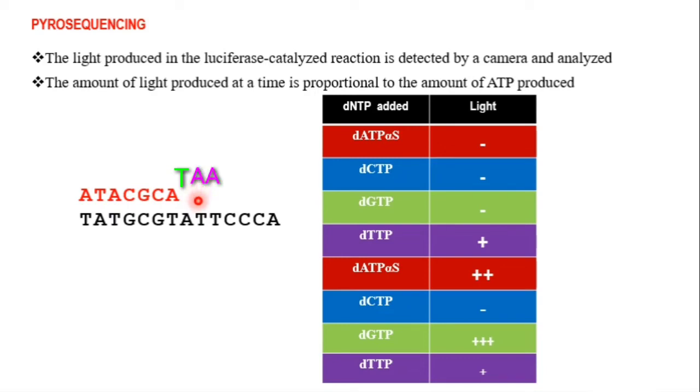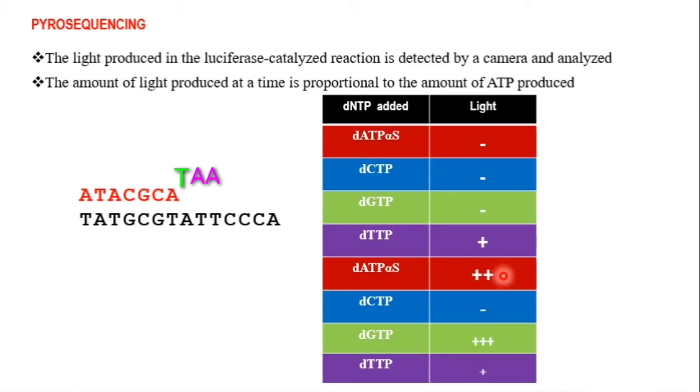So 2 ATP will be formed, then that 2 ATP will convert luciferin into oxyluciferin. At that time we'll get two light signals. So here we mark a two light signal. That means nearby there is a two A sequence. That's why we got two signals here.